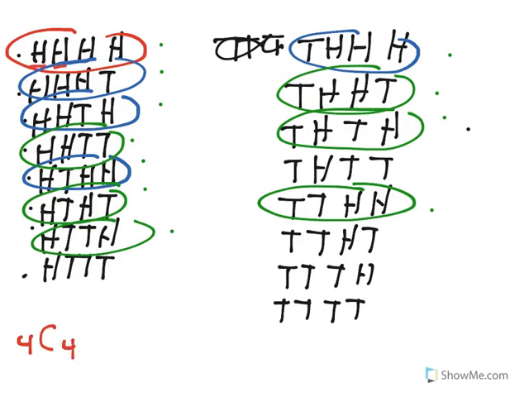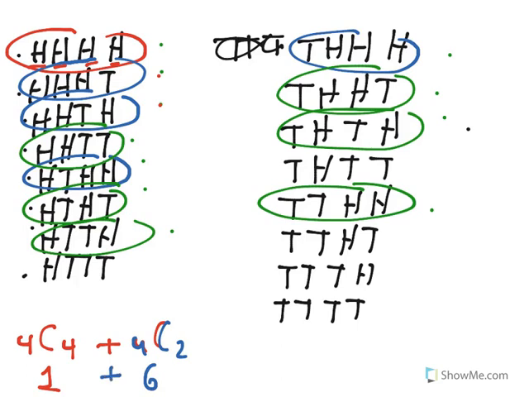There are 4 letters, and all 4 of them are H's, and 4C4 is equal to 1. For the blue ones, it's going to be 4C2, because there are 4 coin tosses, and 2 of the 4 are going to be heads, and 4C2 is equal to 6.